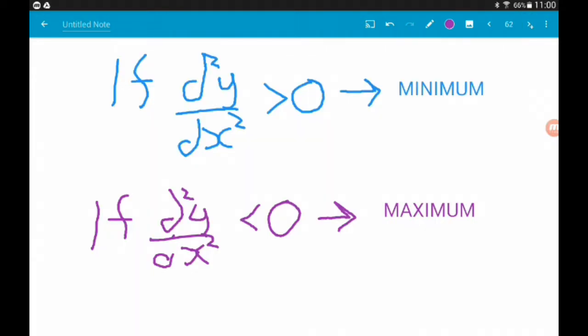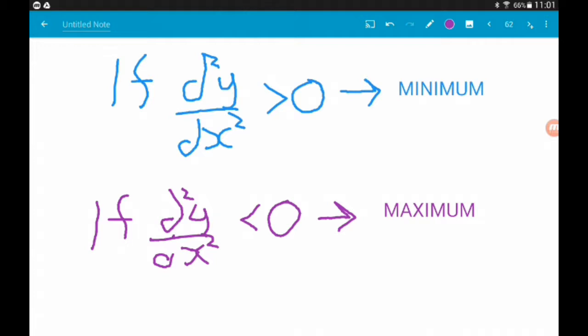As far as minimums and maximums go, if d squared y by dx squared is greater than 0 at a stationary point, then that point is a minimum. And if d squared y by dx squared is less than 0 at a stationary point, then that point is a maximum.